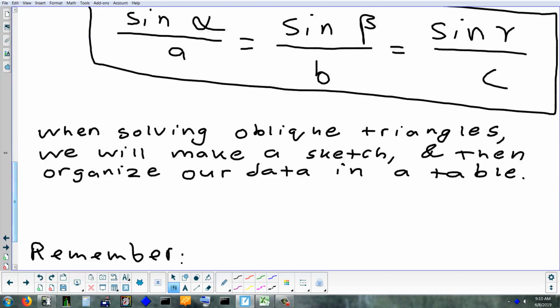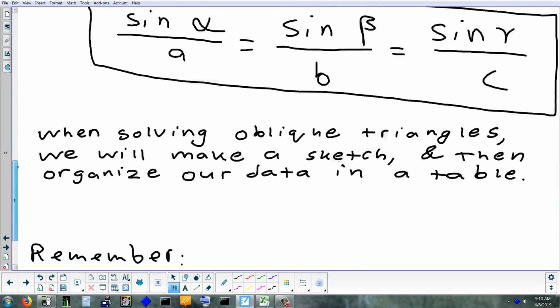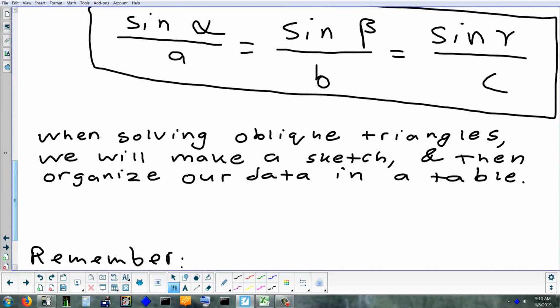So to organize all our information, we're going to make a sketch because I think that makes it easier to visualize what's going on. And then you're going to put all your data in a table, the same table we did 2 weeks ago. You're going to do 3 sides in one column, 3 angles in the other. Now, you can no longer use the Pythagorean theorem, because remember, the Pythagorean theorem assumes you have a 90 degree angle. You might not.